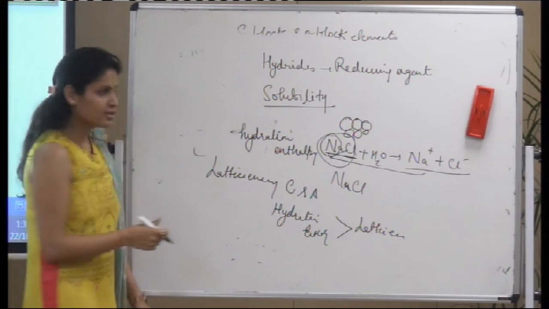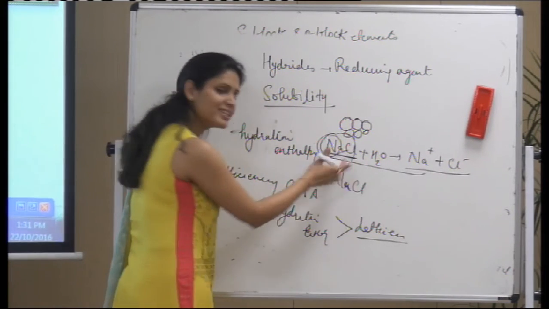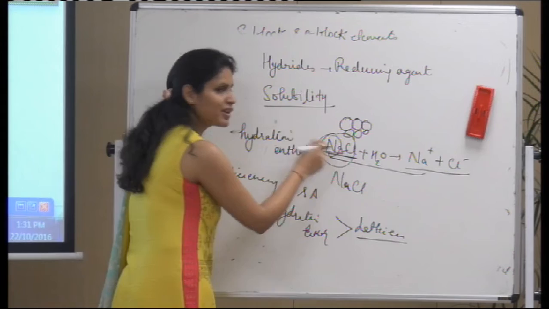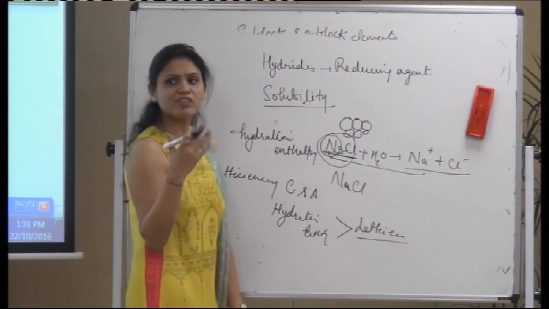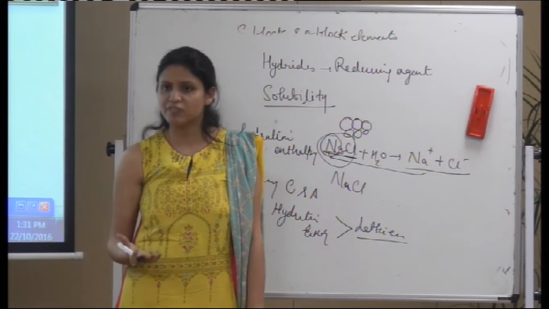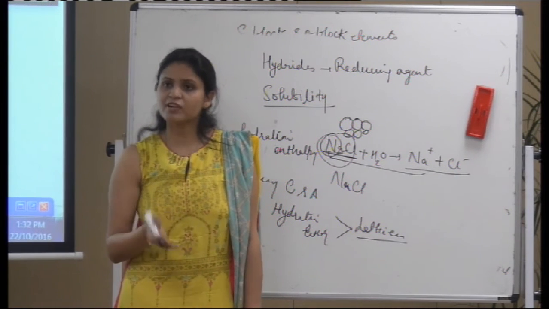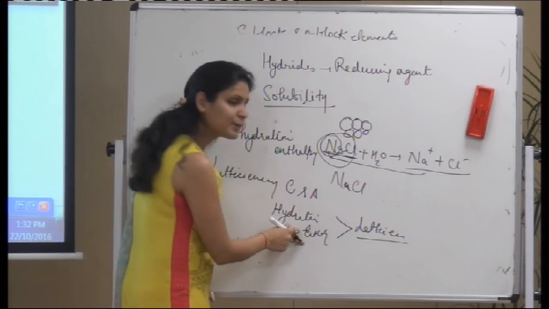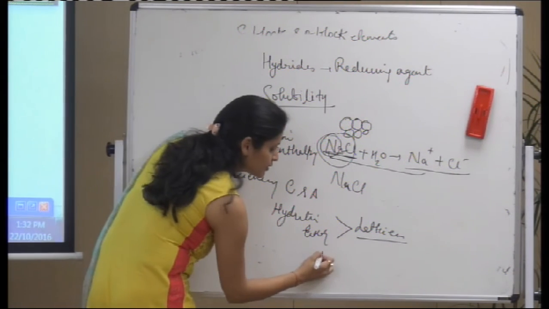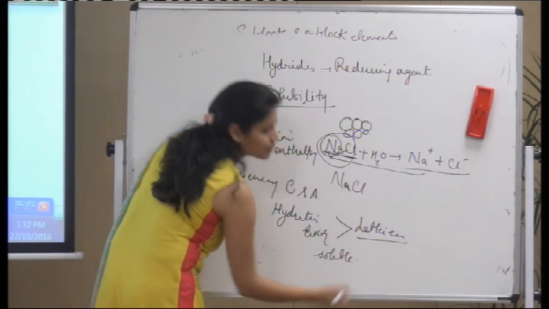Getting the point? If the lattice energy is smaller than the hydration energy, then the ions would prefer to get dissociated in the water. If they are getting more favorable into the solution phase, then would they prefer a lattice form? Therefore, when the hydration enthalpy is greater than the lattice energy, we say that the compound is soluble.